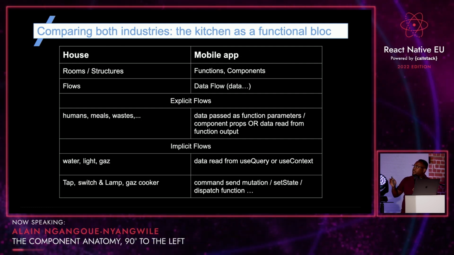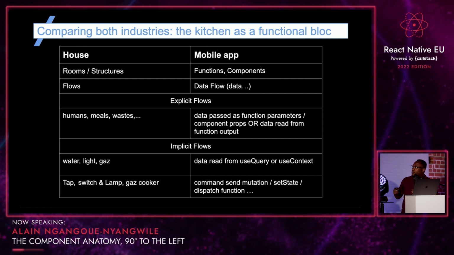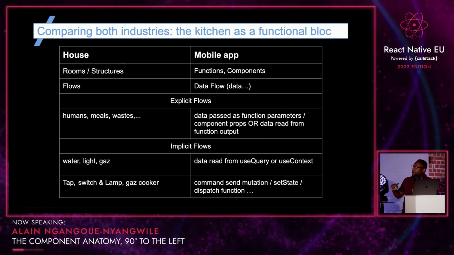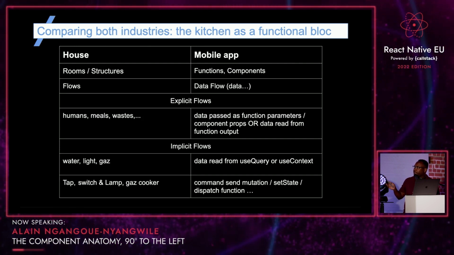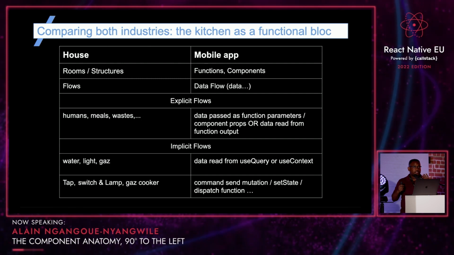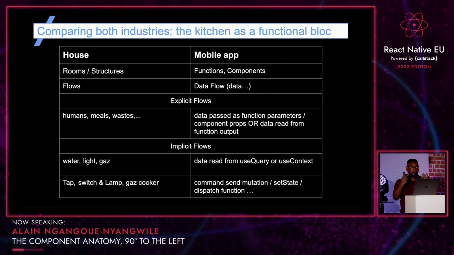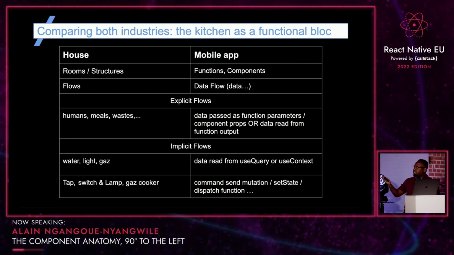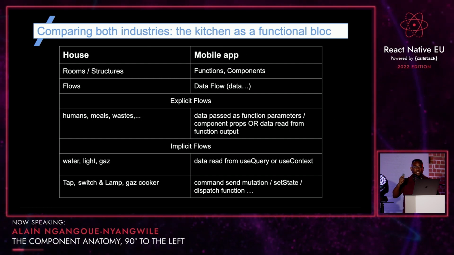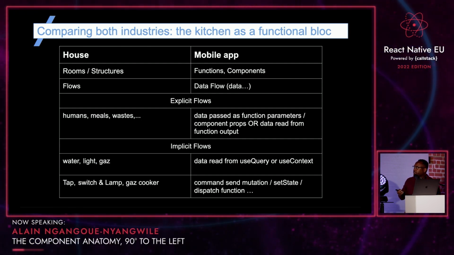Rooms and structures are similar to functions or components in your applications. Flows are your data flows. And in the flows, we have two kinds of flows, the explicit one and the implicit one. The explicit ones are visible. That means in this room, if someone is crossing the room, you will see him. It's an explicit flow. So in the kitchen, you have humans, meals, waste, etc. And in your application, when you pass a parameter to a function, you see the parameter you are passing. So it's an explicit flow.